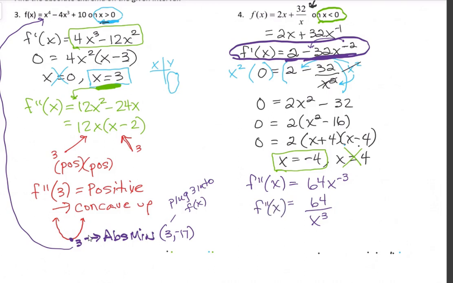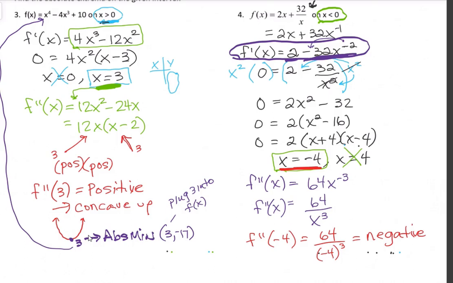So now remember what we're doing with that second derivative is we want to plug in the critical number that we found, and that critical number we found was -4. So I want to plug in -4 into that second derivative and determine if that's going to be positive or negative. So again, I don't care what this value is, but I do know that -4 cubed is going to be negative, and 64 divided by a negative value is going to keep it negative.